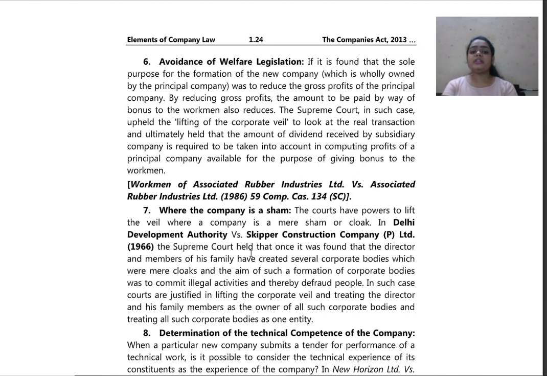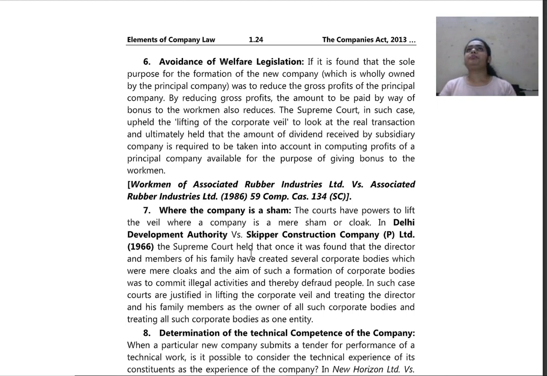The Supreme Court in such a case upheld the lifting of the corporate veil to look into the real transaction and ultimately held that the amount of dividend received by the subsidiary company is required to be taken into account in computing the profits of a principal company available for the purpose of giving bonus to the workmen.